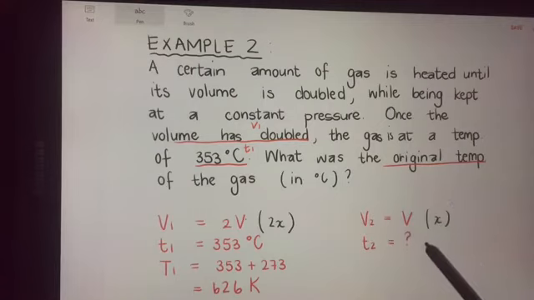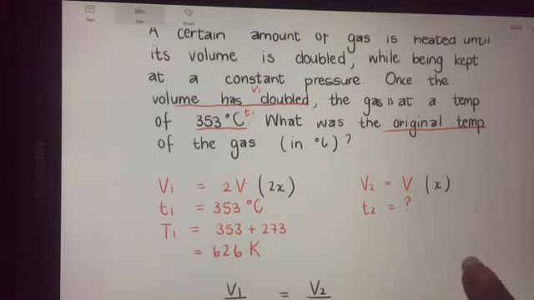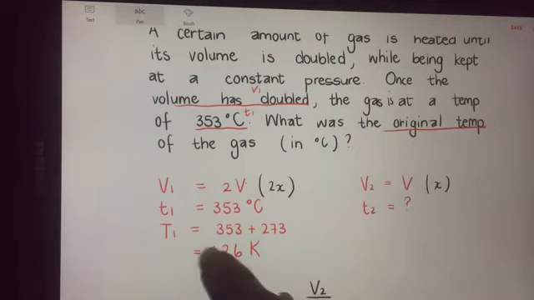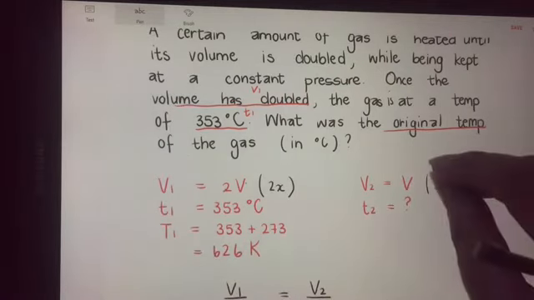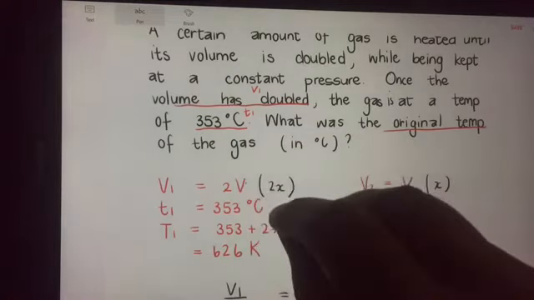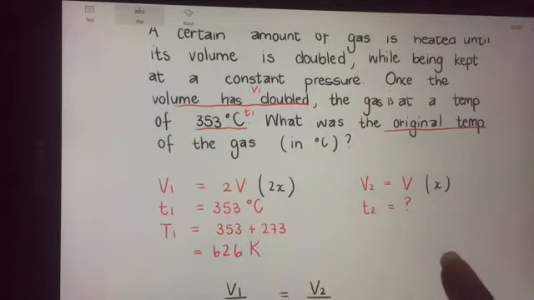So I want the temperature when the volume was V. So it's this temperature that I want to work out. Even if these are your ones and these are your twos, it doesn't matter, just as long as your V goes with the temperature you want to work out and the 2V goes with 626.